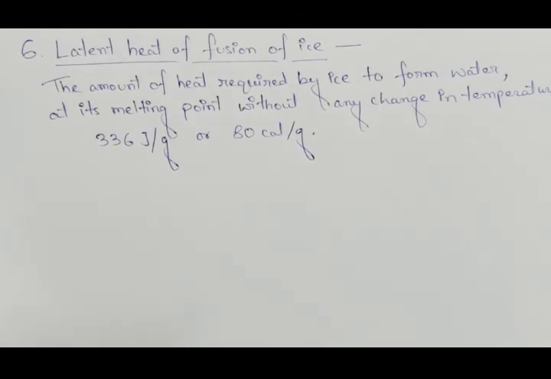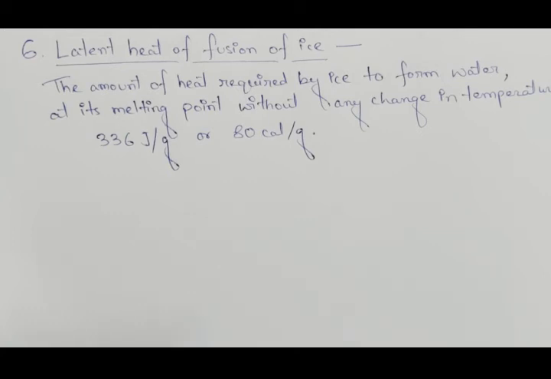I have already explained the latent heat of vaporization of water, right? But I haven't mentioned the specific value. The specific value of latent heat of vaporization of water is 2268 joules per gram or 540 calories per gram.